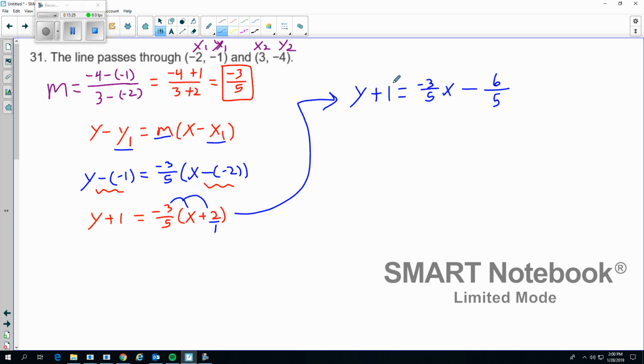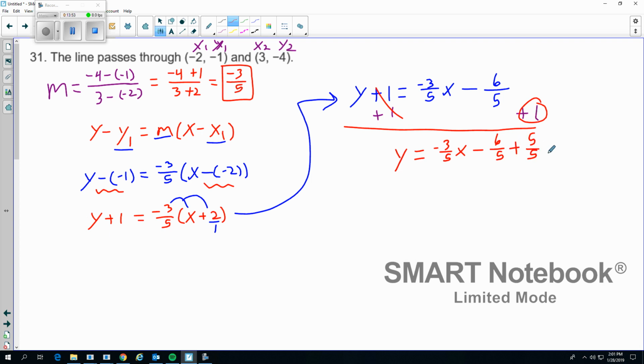And then the last thing you got to do is add that 1 to both sides. So once again, I'm going to manipulate that 1 right here. What we're going to do is we get y equals, so I've got the -3/5 x. I've got the minus 6/5, and then I have a plus 1, but what I'm going to do is turn that into a plus 5/5, okay? 5/5, same thing as 1, okay? So same thing, just manipulating it.